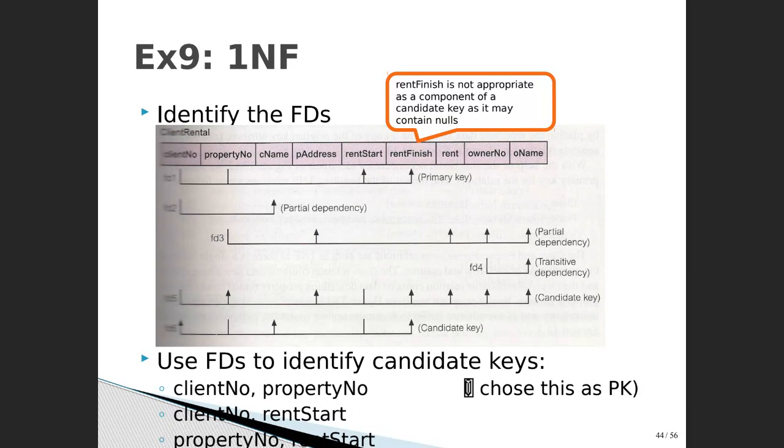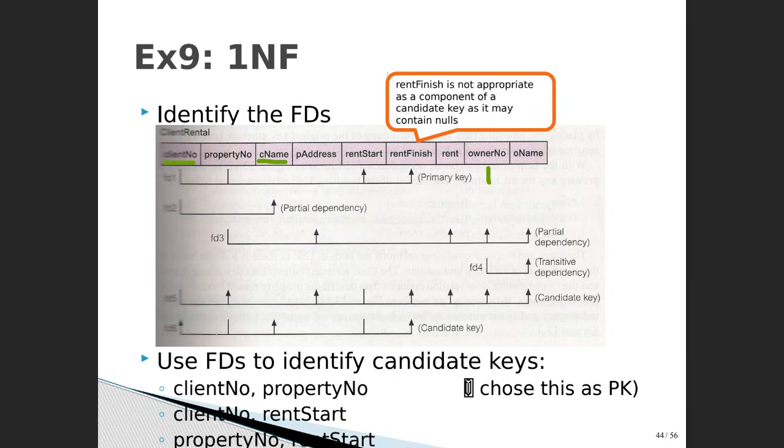So this is number 1. Number 2, client number with client name. This is partial. This is functional dependency number 2. Property number will identify property address, rent, owner number, owner name.